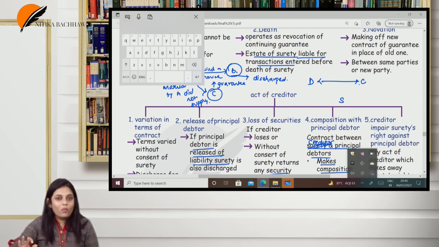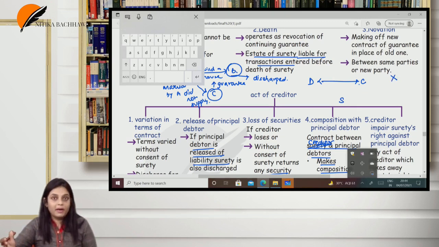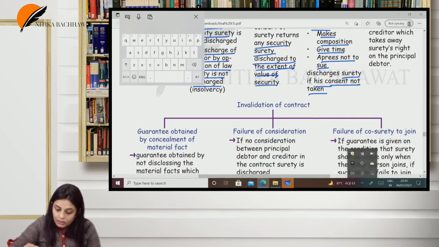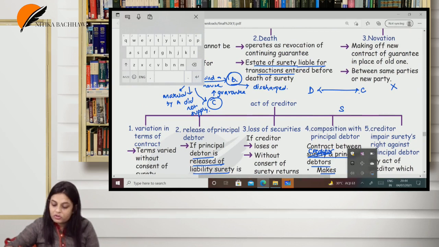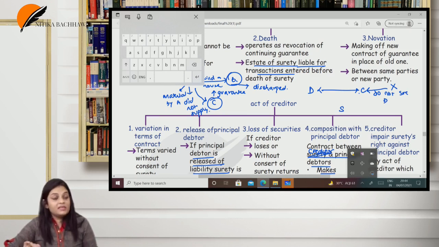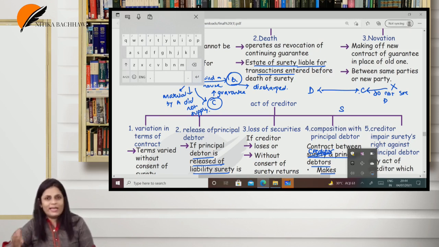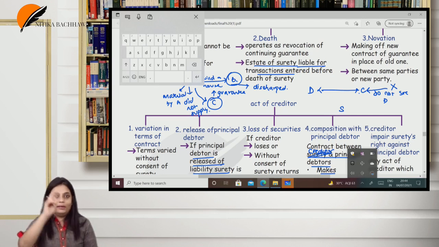C, D, S, you already know what they are. Now this person X, who is a third party, goes to C and says, please do not sue D. Come whatever may, if D does not pay, do not sue D. So I repeat again: C is the creditor, D is the principal debtor, S is the surety.